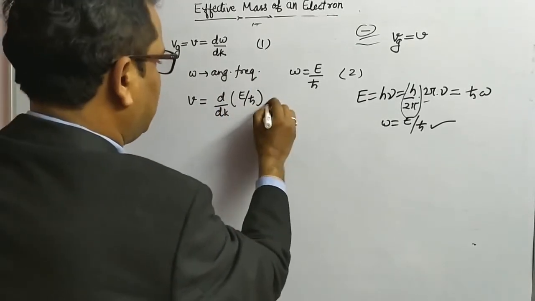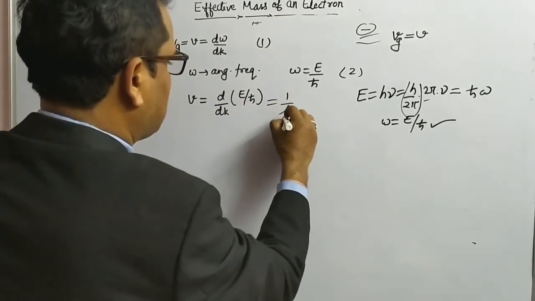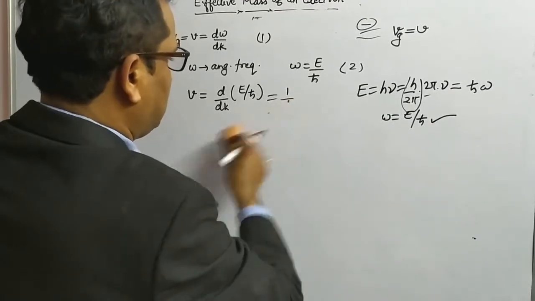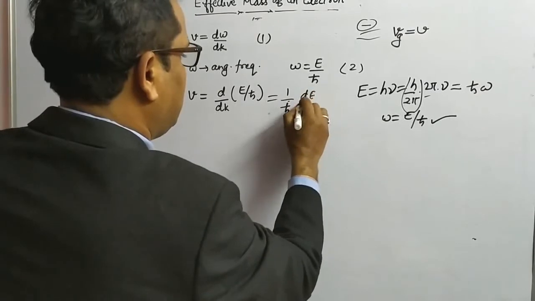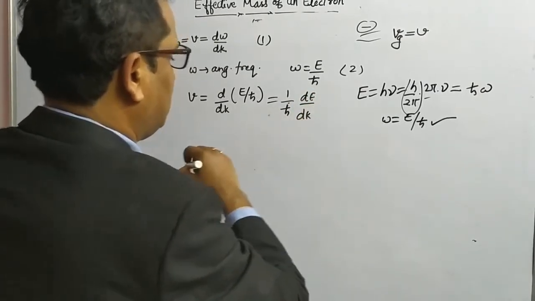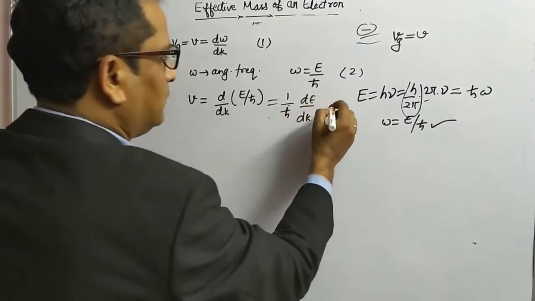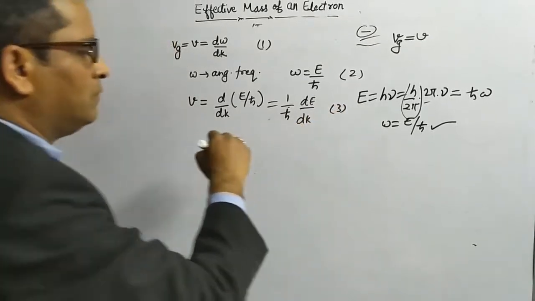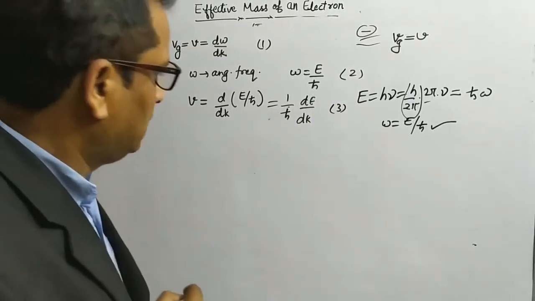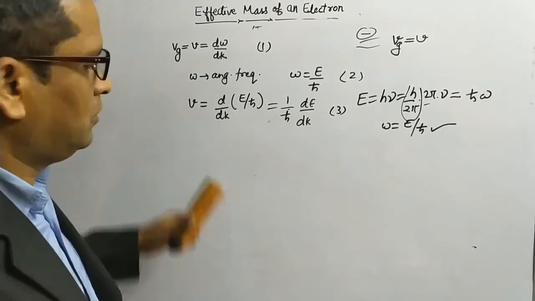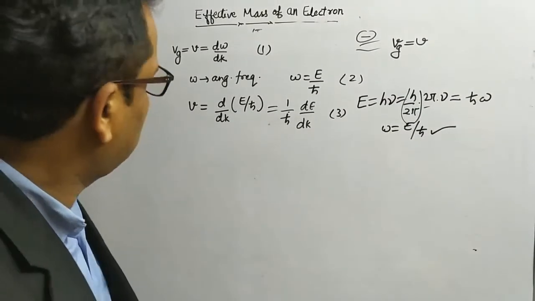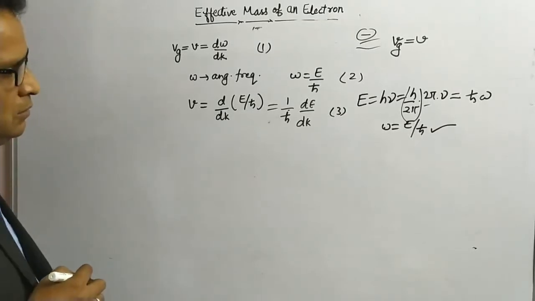Now h cross is constant, it can be taken out, so 1 by h cross, and this becomes dE by dk. This equation I am marking as equation number 3. This is for the group velocity of the waves associated with the electron.